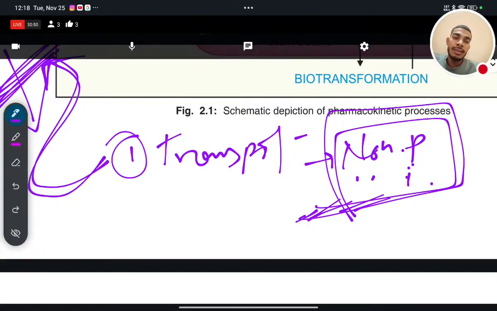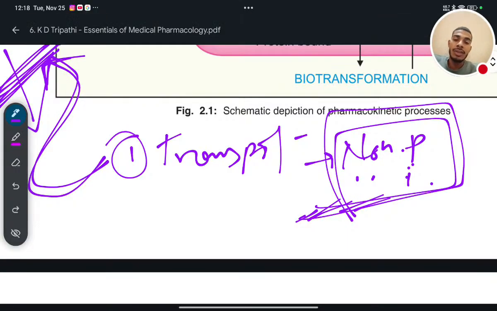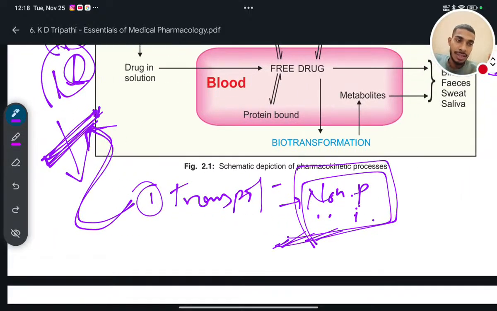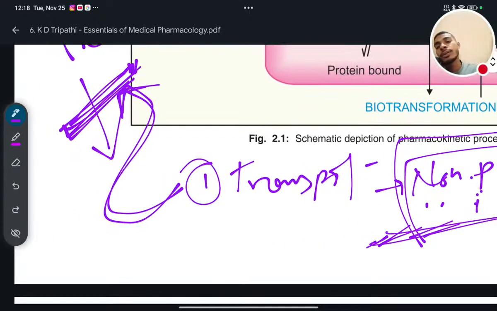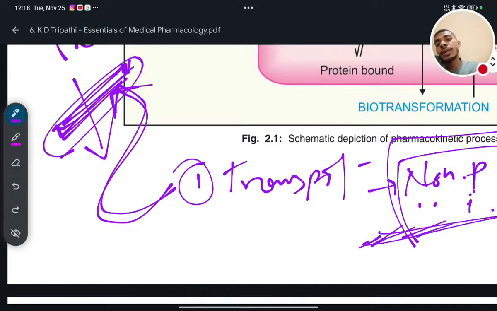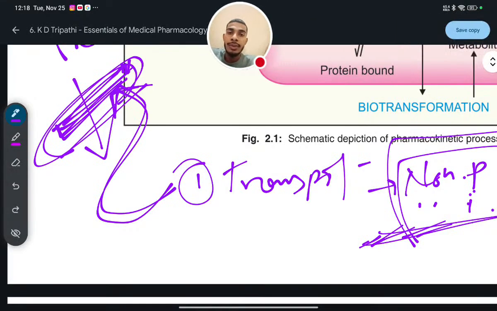Energy is not required for the transport of non-polar substances. Why? Because these lipids are non-polar, and when a non-polar substance comes, it will bind to the lipid very easily, and it can transport from one medium to another or from one side to another side.